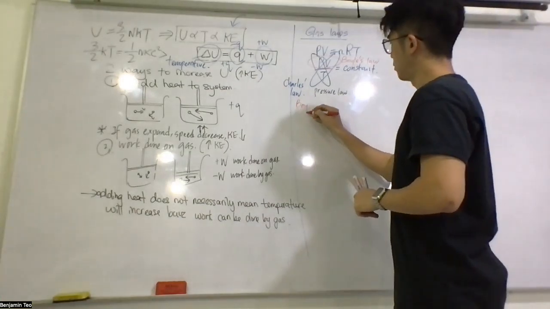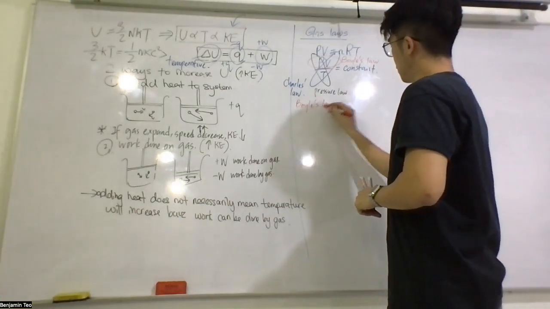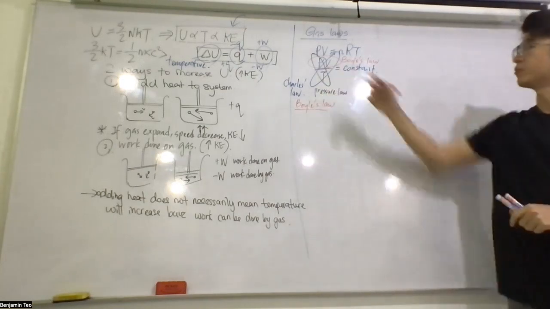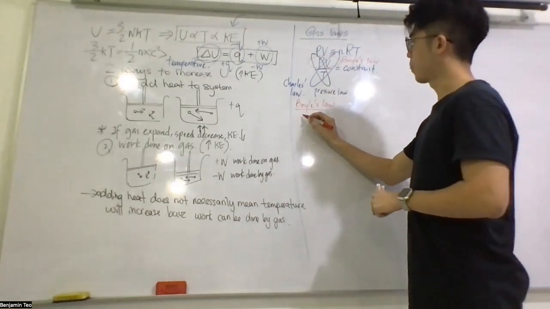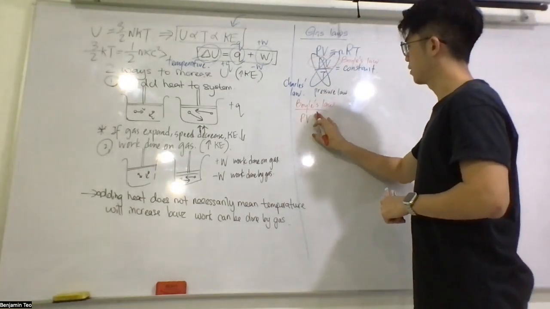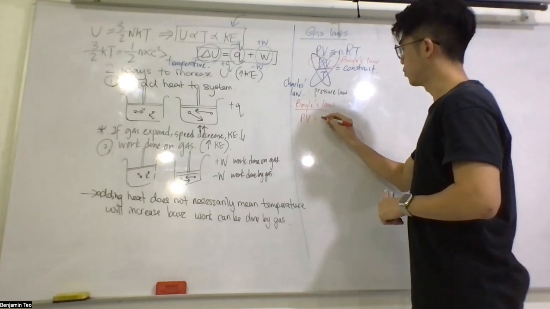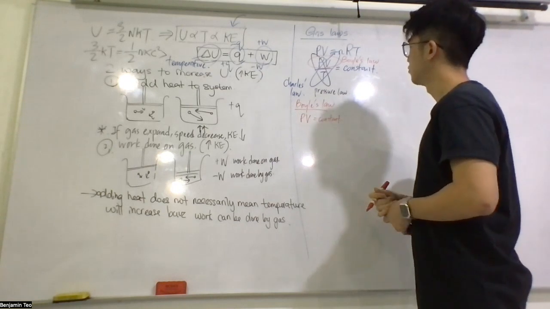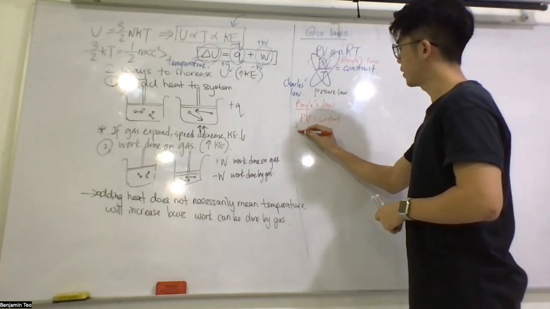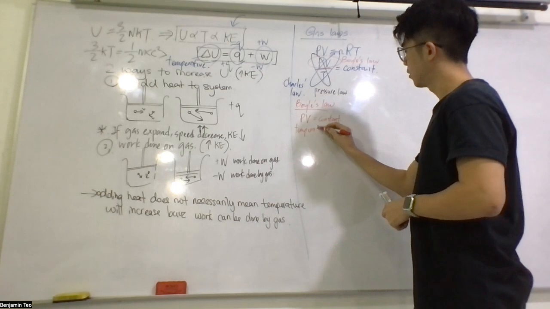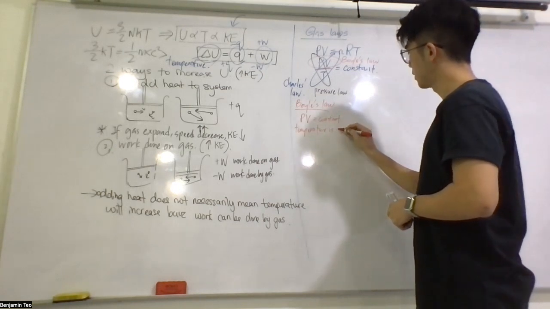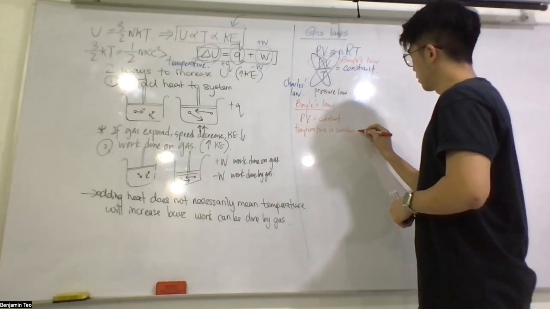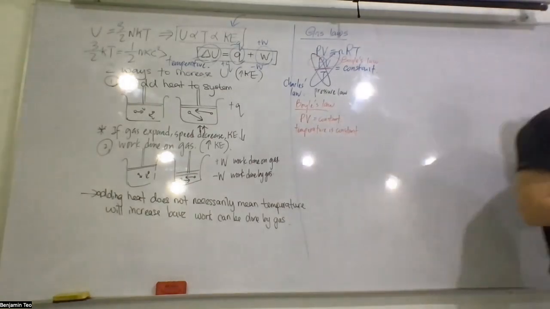So for Boyle's law, it's just PV equals constant. That means temperature is constant.